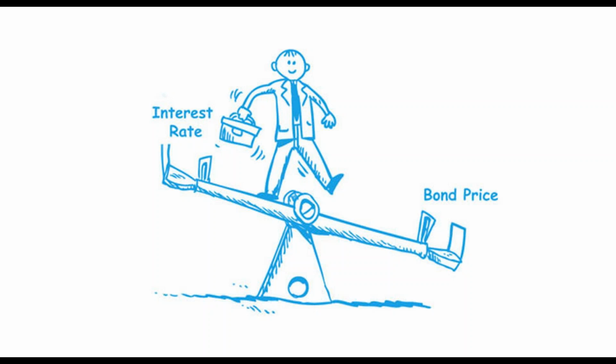So maybe if I bought it for $1,000, now maybe I sell it for $100. It matures at $1,000. Whoever bought it gets the 3%, but they also buy it for $100 and it expires at $1,000. So that example is how they move in different directions.